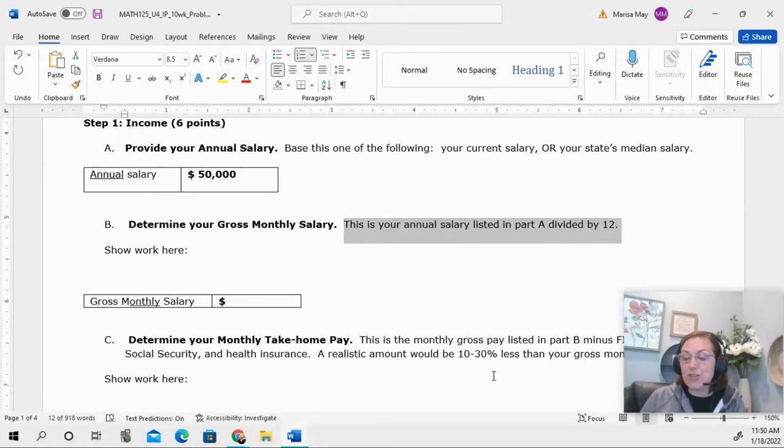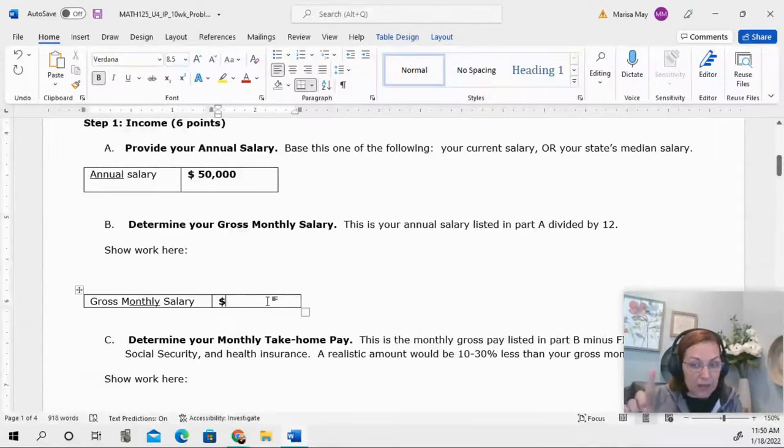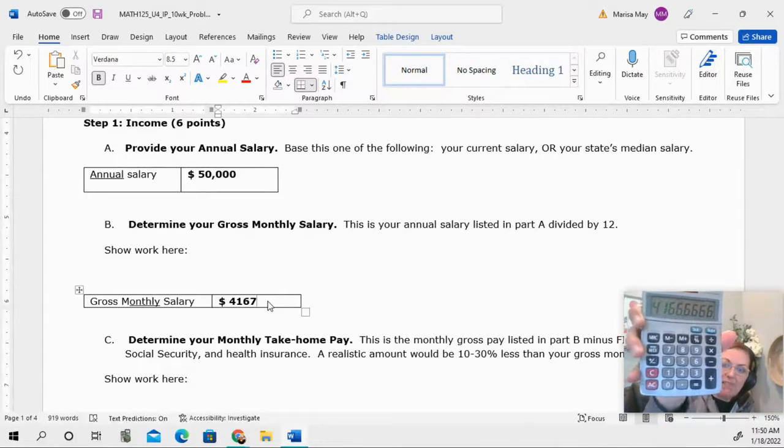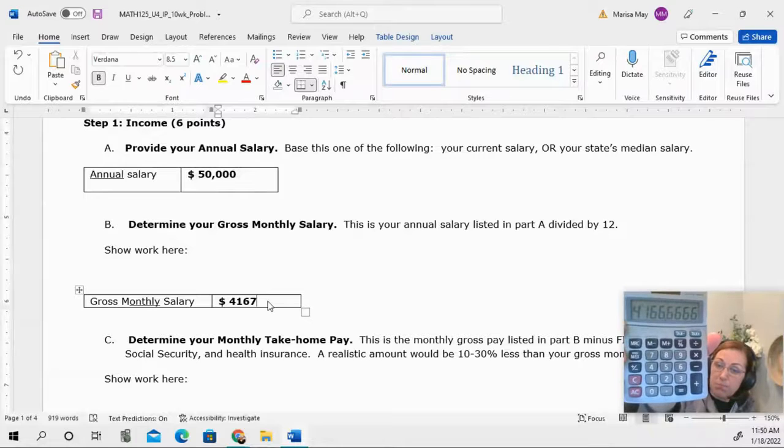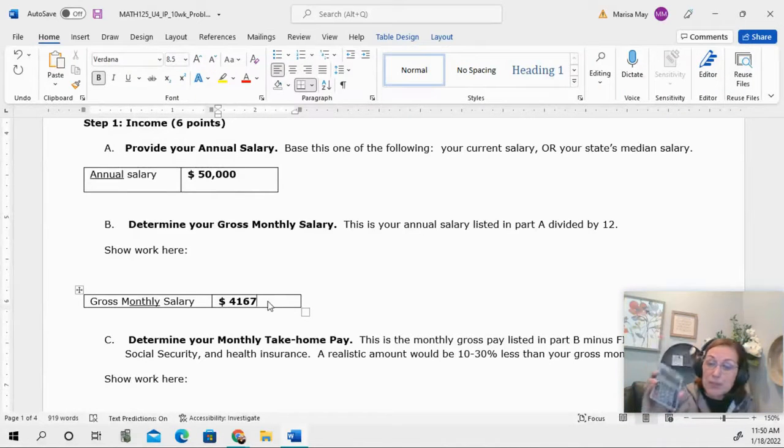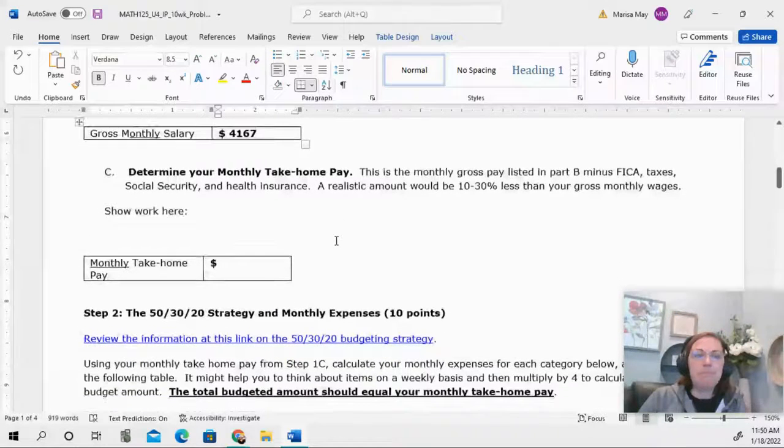You just do your income divided by 12, and we're going to round to the nearest whole dollar. Remember, that was an important part of the instructions. You can see the division I got, 4,166 point and then some sixes, so I just rounded to $4,167.